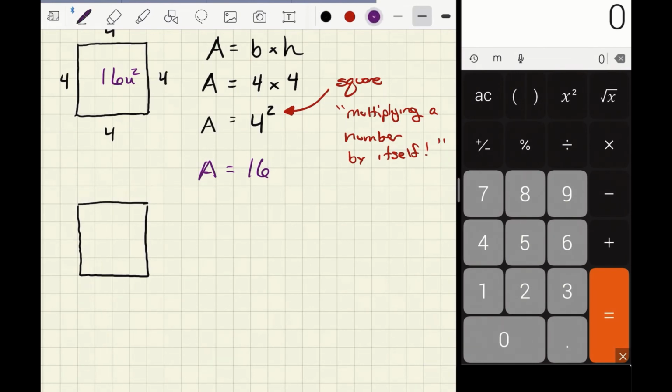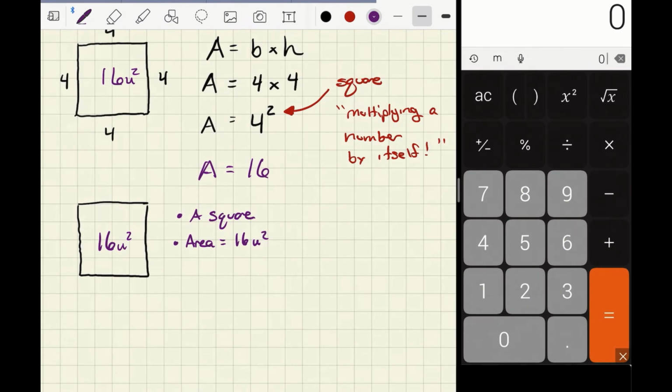You only knew that it was 16 units squared on the inside. And so you knew, one, that it was a square, and two, that the area equaled 16 units squared. In this situation, you want to work backwards.